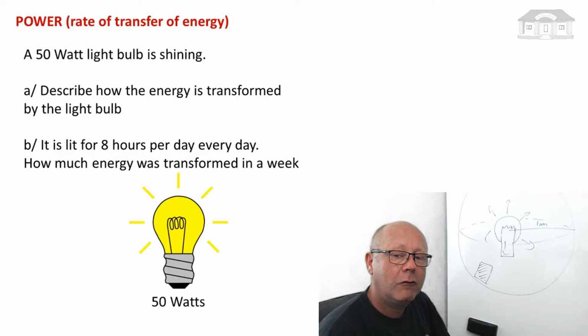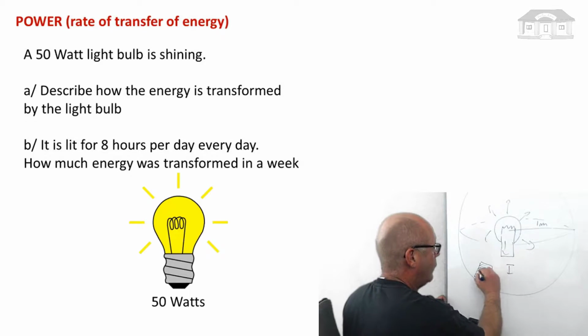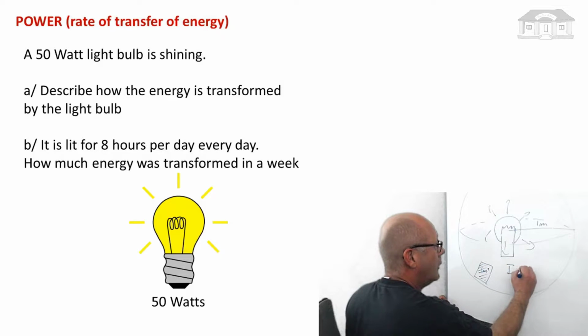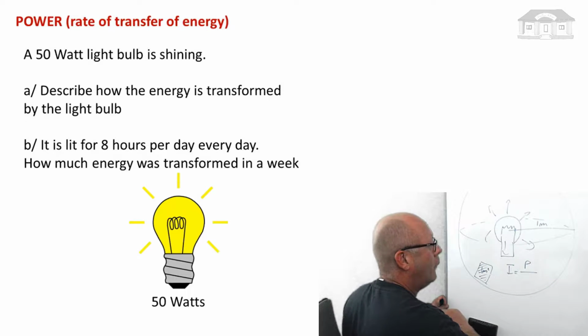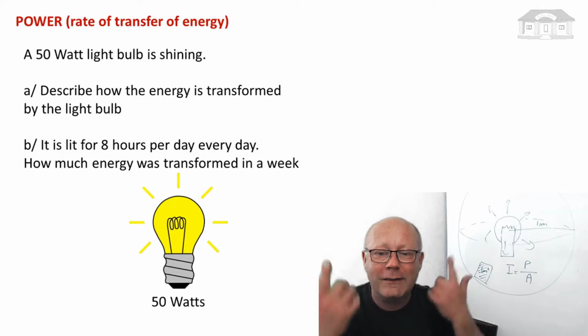How much energy would it receive? Well, the energy received by this 1 meter square is going to be the power per unit area. So we need to find out the area of the balloon. This is a bit of geometry, so let's do a little bit of geometry to remind us of these formulas.